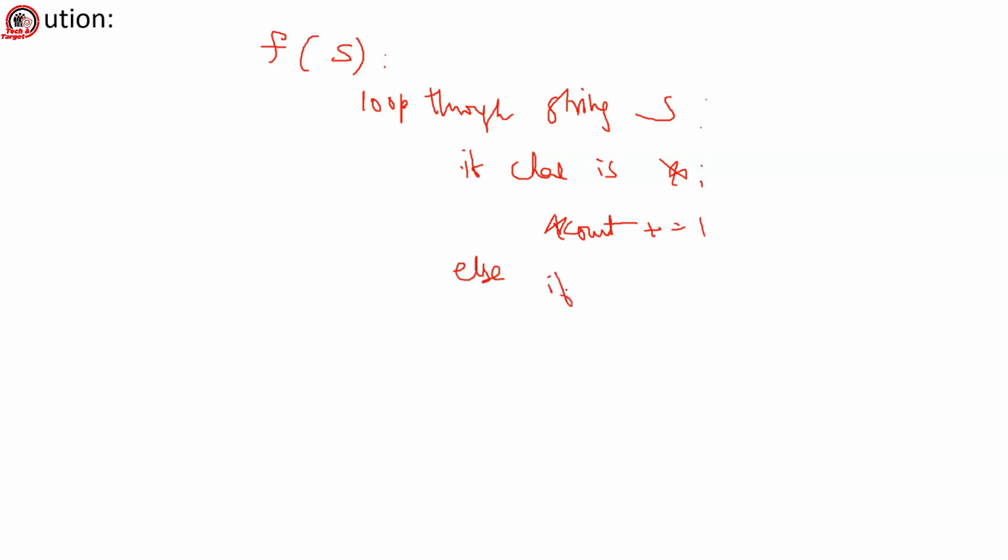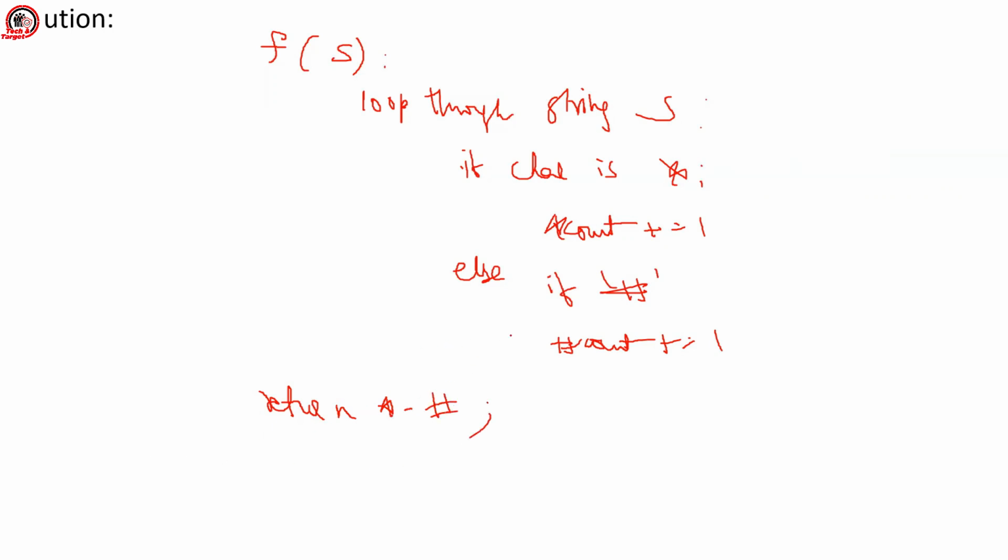Else if that is a hash, then we will increment our hash count by 1. And finally, at the end of our function, we'll directly return the star count minus the hash count, and that will be our answer.